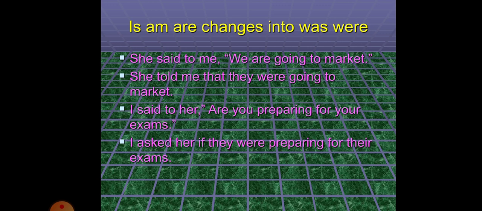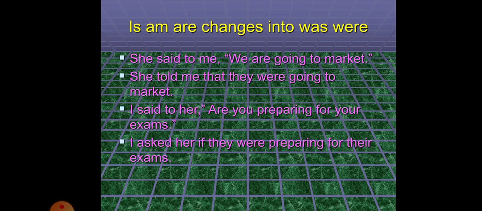Is, am, are change into was, were. She said to me, "We are going to market." It will be changed: she told me that they were going to market. I said to her, "Are you preparing for your exams?" I asked her if they were preparing for their exams. Now, same way, the pronouns, the subjects will change. In the first sentence, we is the subject. So, we is first person, it will change according to she.